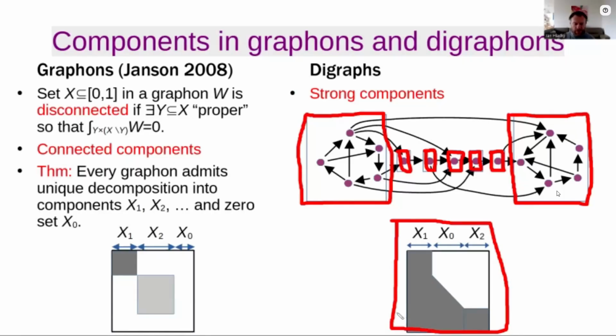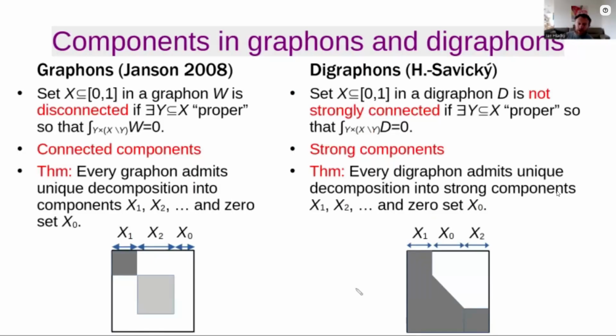And that digraphon actually has a decomposition into strong components, which are X1, X2, and then there is this zero set X0, which emerges as a limit of smaller and smaller components. So here are all the notions. We have this notion of a strongly connected set, a corresponding notion of maximal components, and there is a decomposition result that every digraphon admits a unique decomposition into strong components.